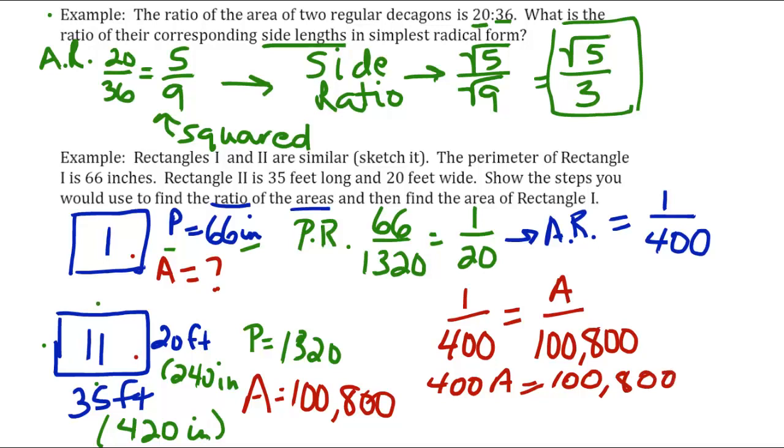Okay, divide by 400, and the area of that figure is going to be 252 square inches. Now, if you wanted to convert back to feet, it doesn't tell you that you have to. If you wanted to convert back to feet, you would divide that number by 12. There's 12 inches in a foot, so we would divide that number by 12 and get 21 feet. And so that's the area.